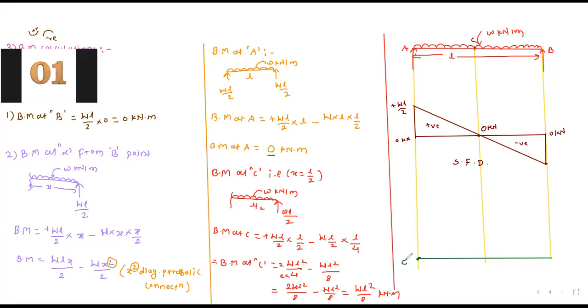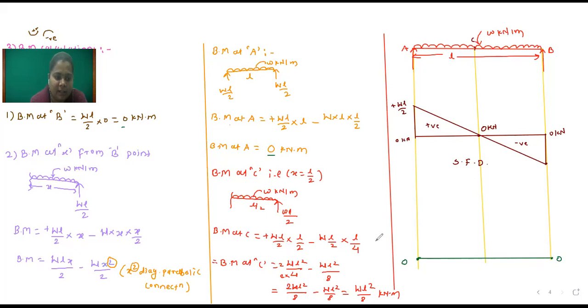So here 0. Bending moment at B is again 0. So here bending moment is 0.